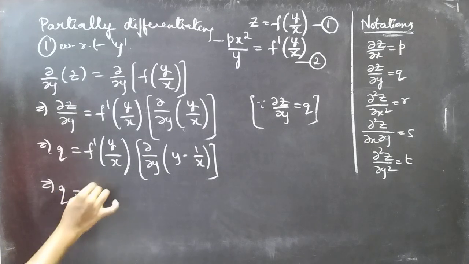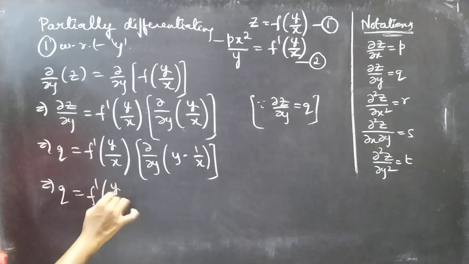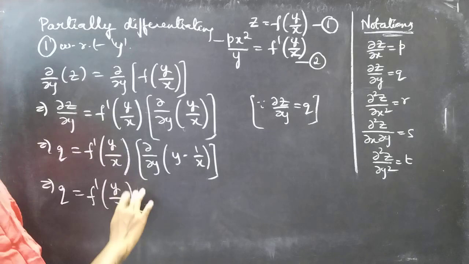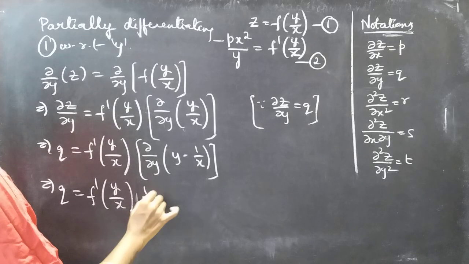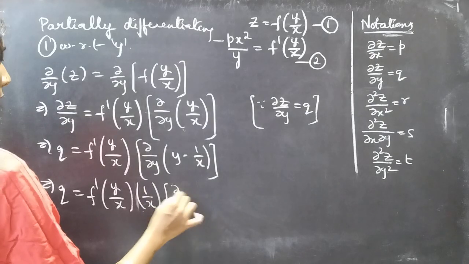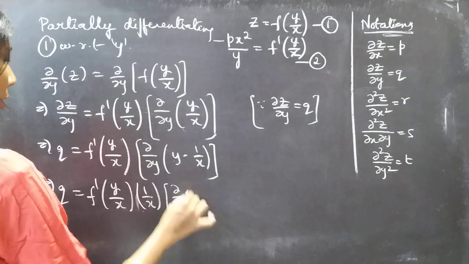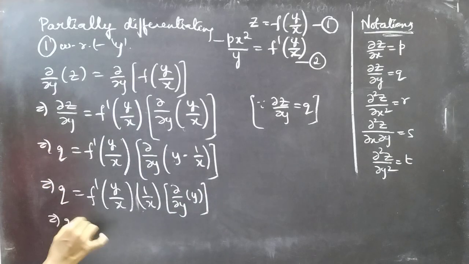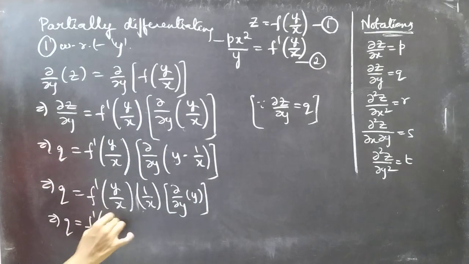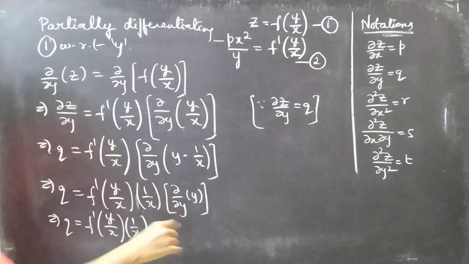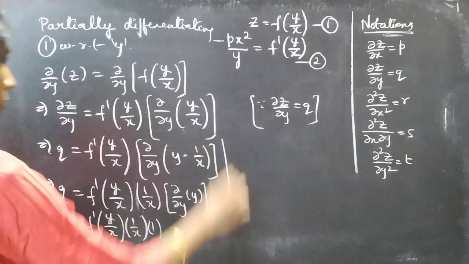We'll take it outside the brackets and write it as 1 by x into dou by dou y of this y, which gives us q equal to f dash of y by x into 1 by x into the partial derivative of y with respect to y, which is 1.